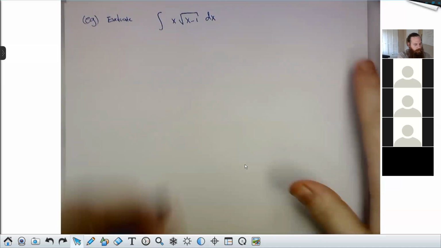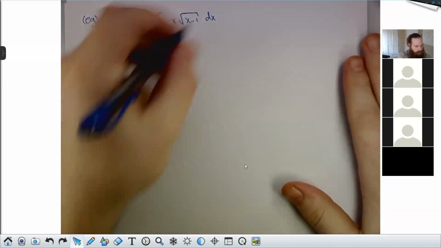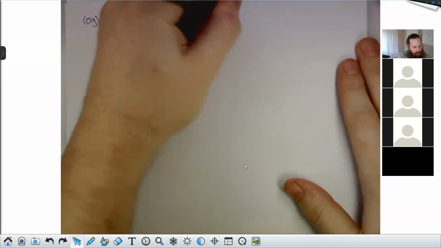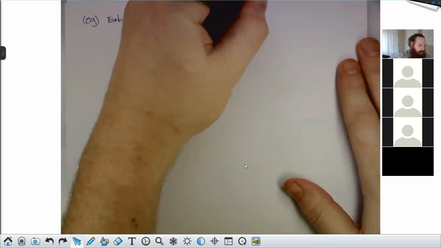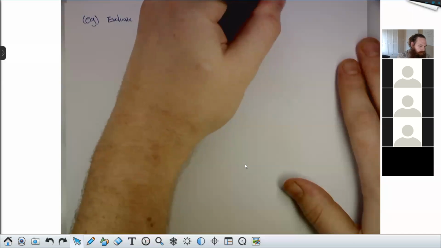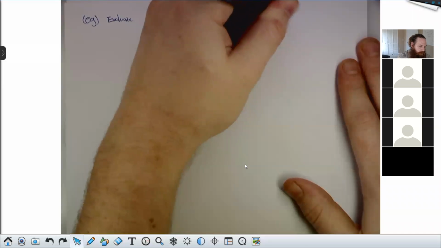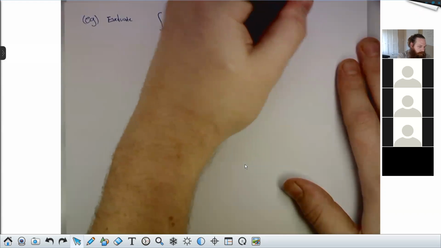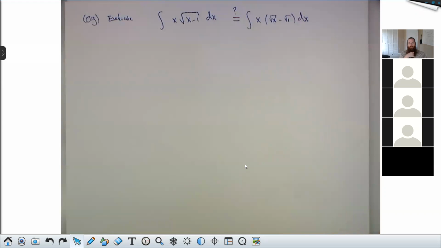Quick question. Is this equal to the integral of x times the square root of x minus the square root of 1? Can I do this? No, right? Square roots don't do that.